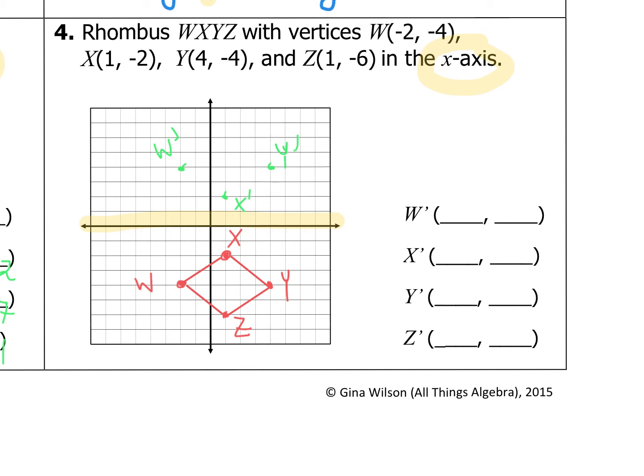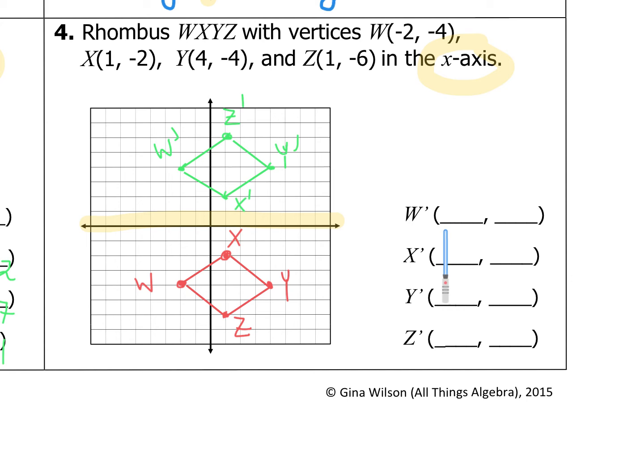And then finally for Z, we're going to go 6 in the other direction and plot that point. And call that Z prime, and then connect with a straight edge. And as you can see, my shape is not changing, it's just changing positions.